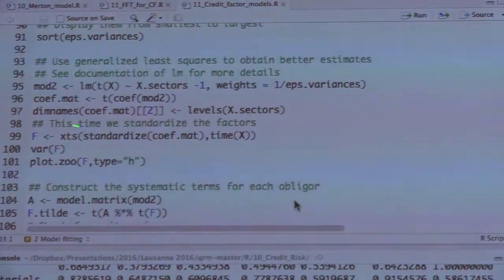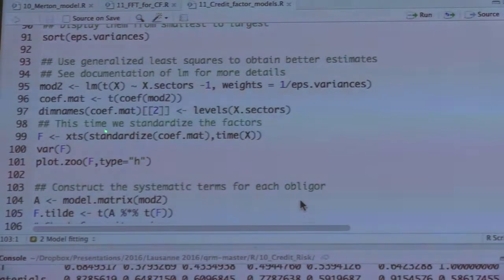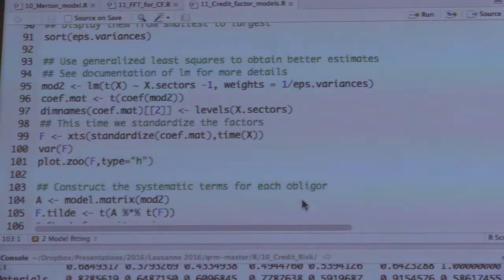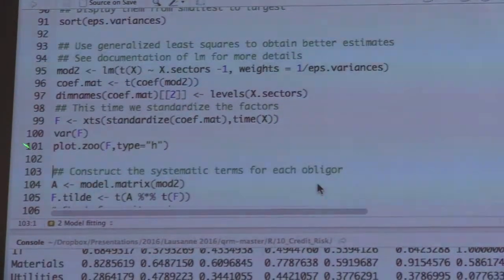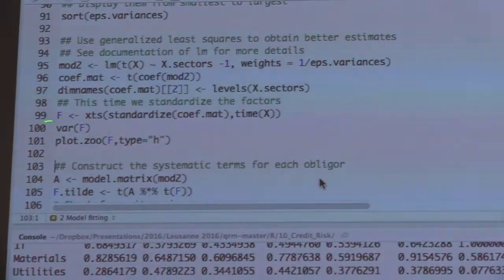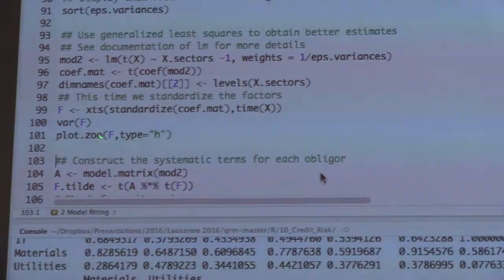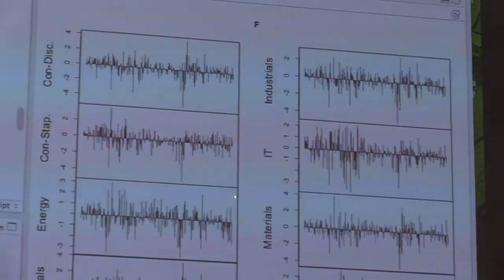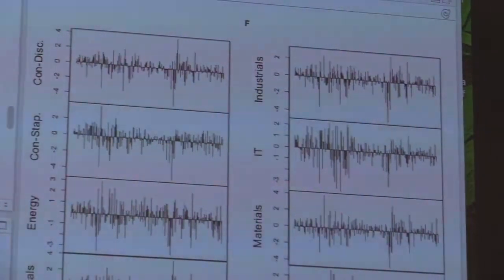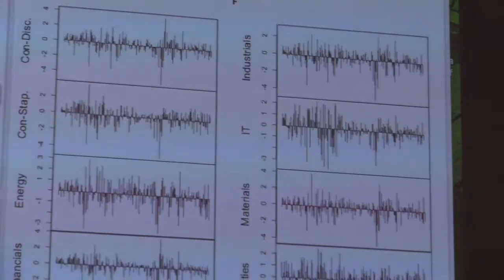One little detail is when I estimate the coefficients, I standardize them to make sure they are mean 0, variance 1. So I've just executed line 101. I've plotted the zoo, the ordered object, and you're looking at this, but these are time series which have been standardized so that they are mean 0, variance 1.